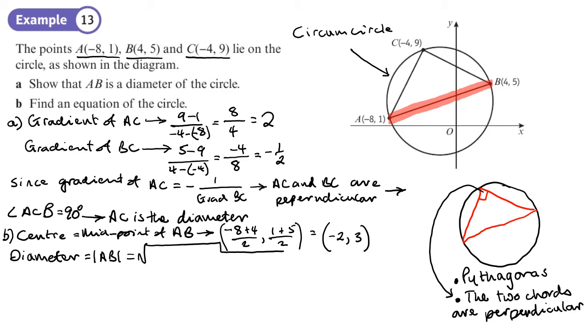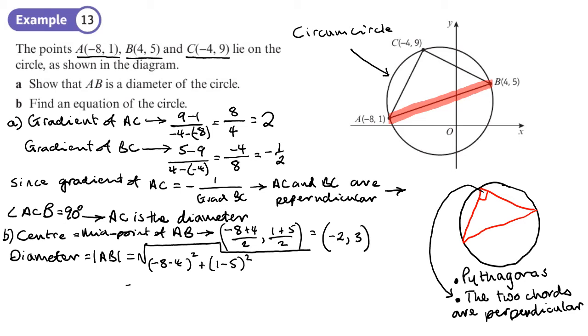Look at my square root sign, going like this because I know it needs to be quite big. That's going to be -8 minus 4, the difference between the x coordinates, squared, and then the difference between the y coordinates, 1 minus 5, squared.